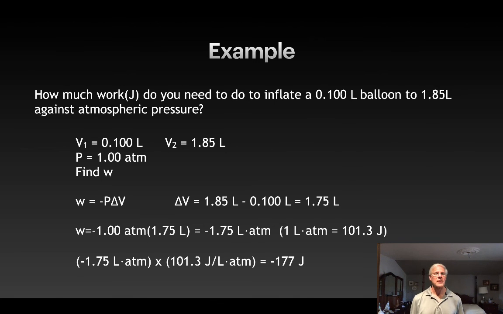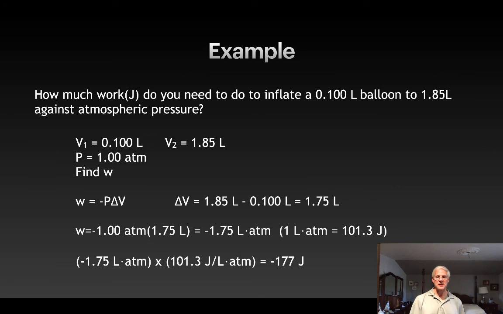So we have work is equal to negative P delta V. Now our delta V is going to go from 0.1 liters to 1.85 liters. So again, we always use final minus initial. So my final volume was 1.85 liters, my initial volume was 0.1 liters, and so my delta V is 1.75 liters. Our external atmospheric pressure is 1 atmosphere, or 1.75 liter atmospheres.